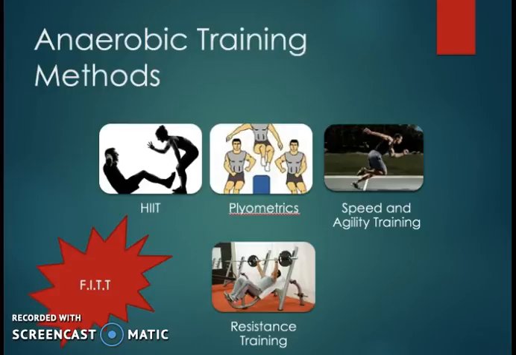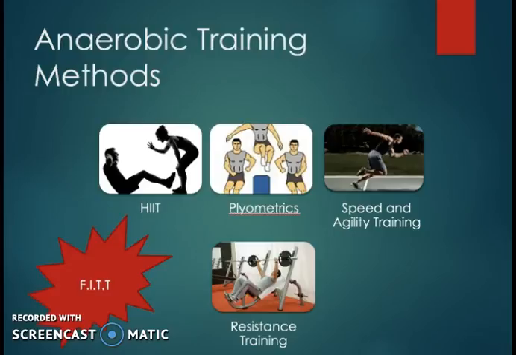These are usually very high in intensity and very short in time as well. The sessions are usually probably half an hour long, and they really make your muscles burn because the rep range is quite high, which makes the activity even more intense.